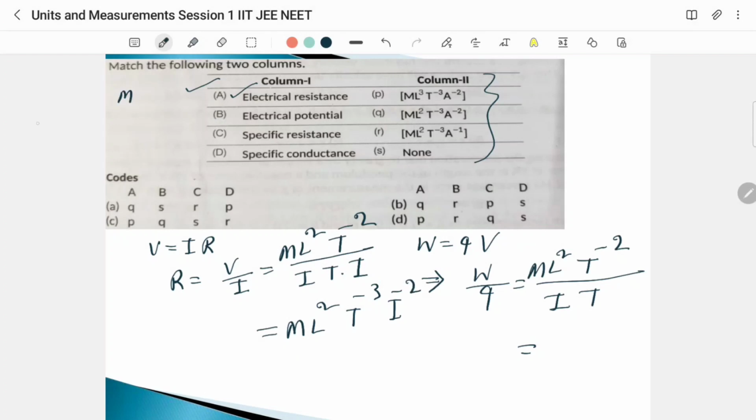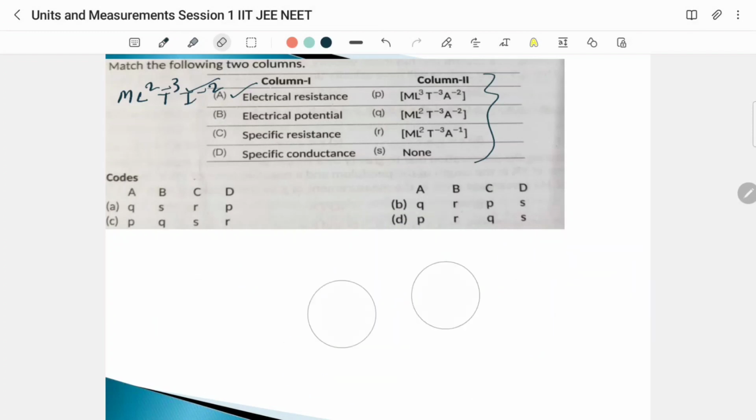Let me write it down over here. As soon as you get this, you should look in column 2. This option over here, so A matches with Q.